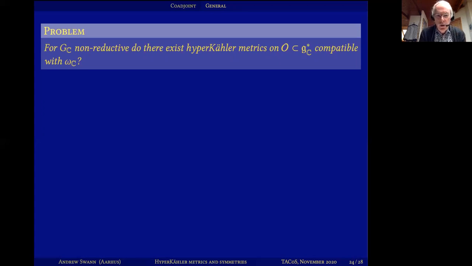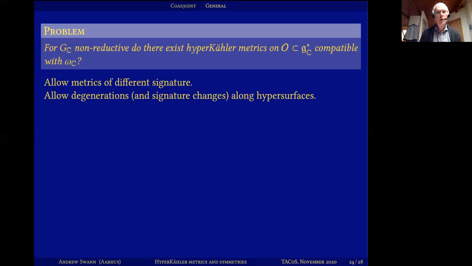So it's a nice question whether you can find hyperkähler metrics on those orbits. That's almost certainly too much to ask for. When you go to other non-compact real forms of reductive groups, then the hyperkähler metrics you construct usually are just defined on open sets of the space you're interested in.